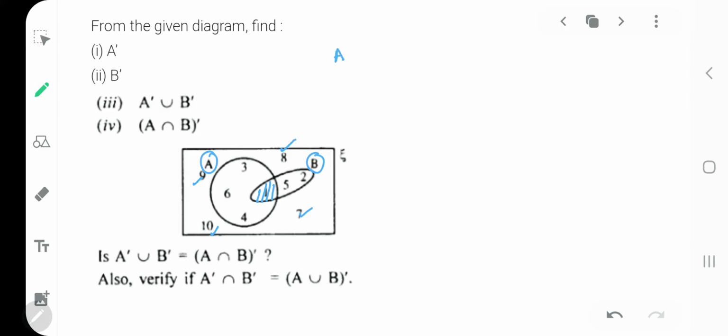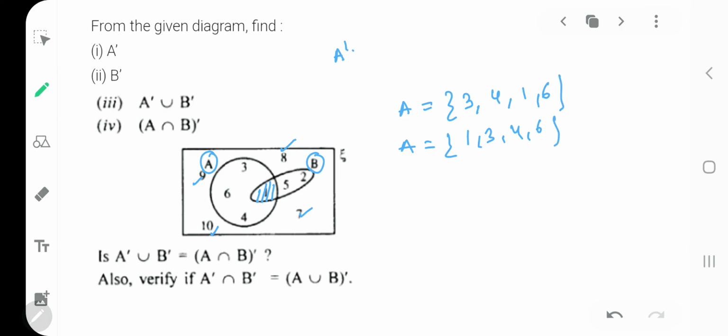Your first is A complement, everything other than A. What is in A? 3, 4, and A also consists of 1 and 6. You can write it in proper order, that is 1, 3, 4, 6.